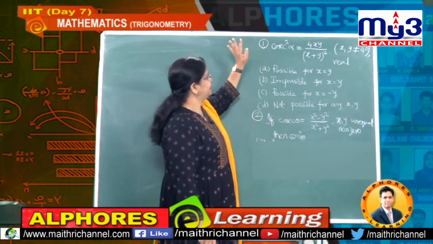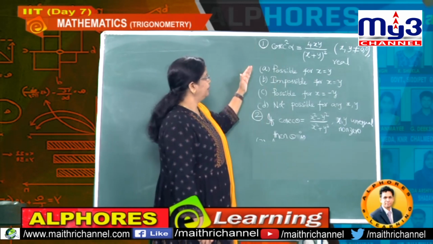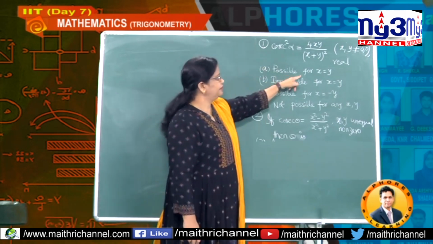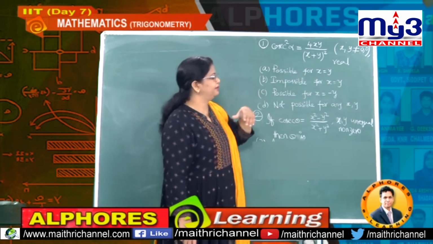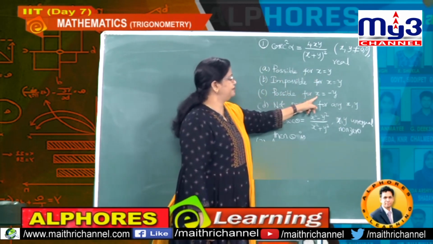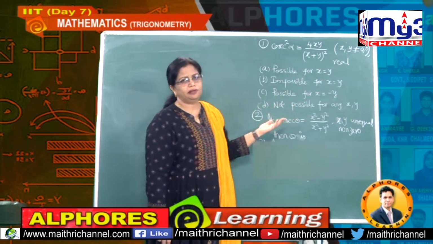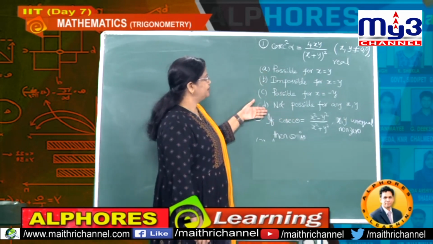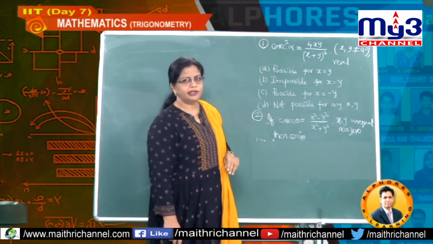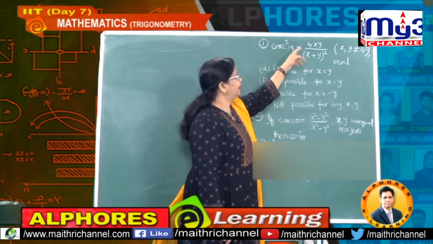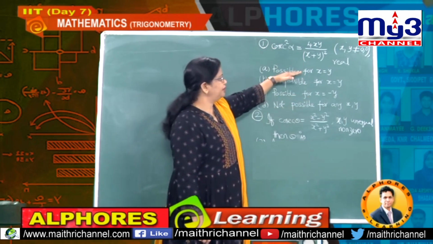Then the question is, cosecant square alpha, if this is a real value, then it is possible whenever x is equal to y, and it is not at all possible if you put x equal to y, and it is possible only when x is minus y, and not at all possible for any real numbers x and y. So which option is it? They are asking, the given value is cosecant square alpha, and this is the value. In total, you have to give the information about x and y.